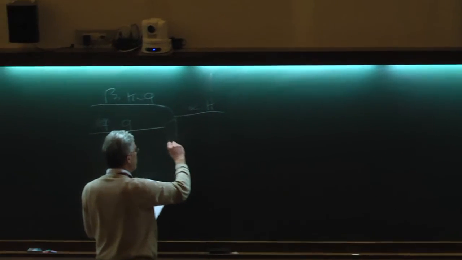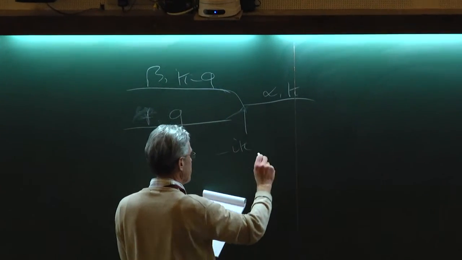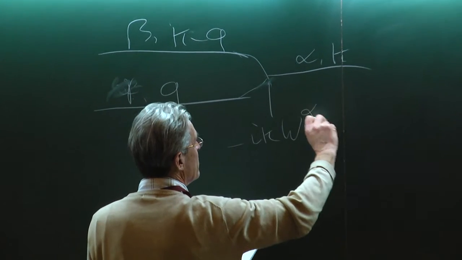So the sum of these wave numbers always has to be conserved. And the weight for this process is minus i k W alpha beta gamma.